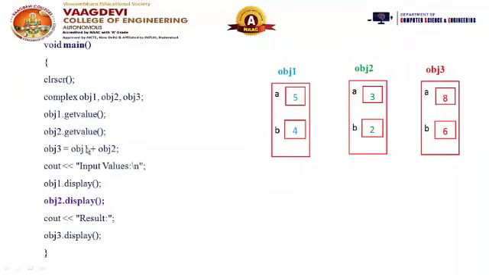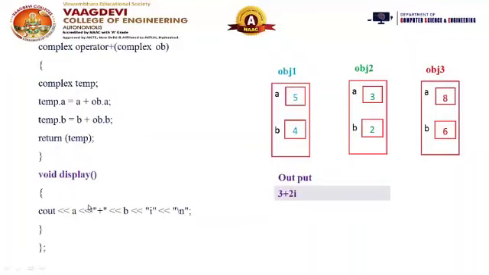And in the next statement, by using object 2, it calls the display method and control goes to the display function. By using the cout statement, it prints the value 3 plus 2i on the monitor. After executing the display function, again the control returns back to the main function.